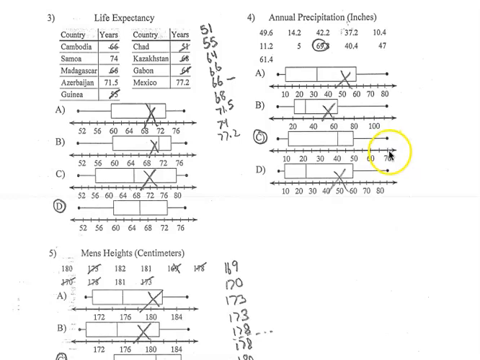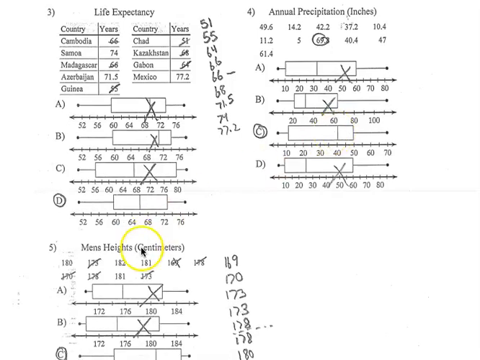No. Well, this one could be 69.8. But this one right here, again, look at the high number. There's nothing up over 110. So eliminate that. And here again, it's in the 90s. So just by elimination, just by looking at the high number right here, 69.8, it's got to be this one. So I didn't even really need to do a lot of work to figure this one out.